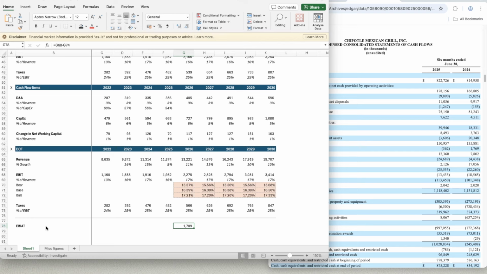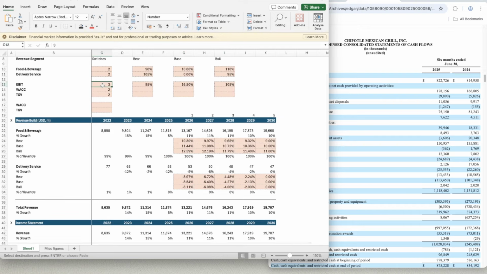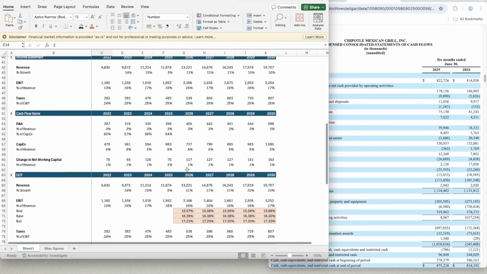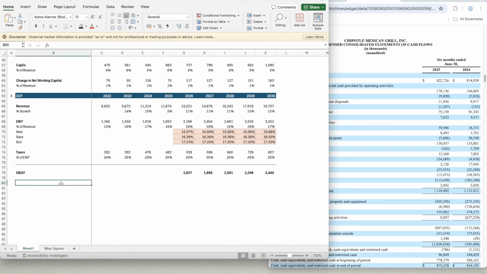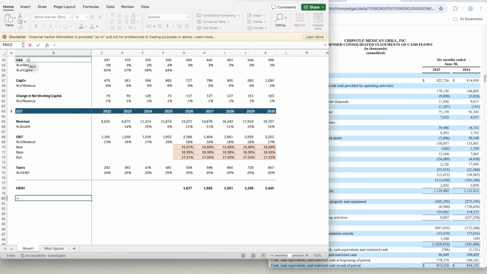It's that simple. And we can bold it, and we take this all over here. Let's just put it back onto the base case so we don't get confused. And then we need the DNA, the capex, B60.